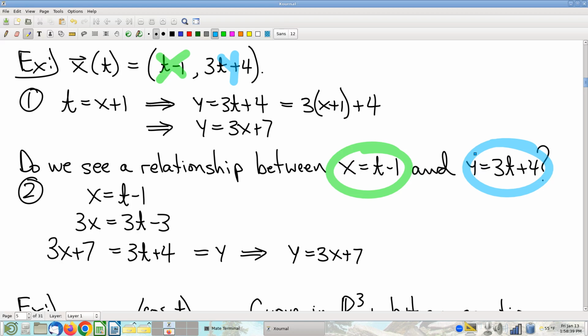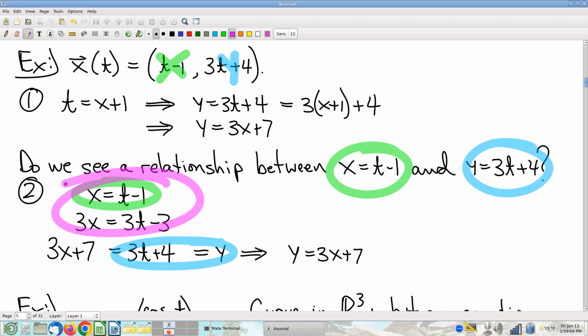So the idea then is take the algebra describing x and try to figure out how you can manipulate it to turn it into the algebra describing y. Right? Look for how you would turn the first t formula into the second t formula. Now in this case, it's pretty easy to do. You take the t minus 1, multiply both sides by 3.